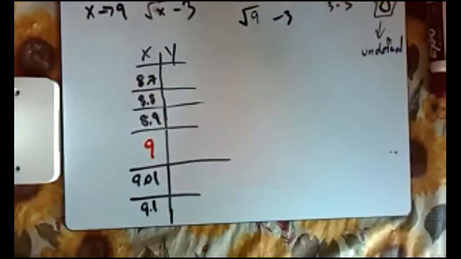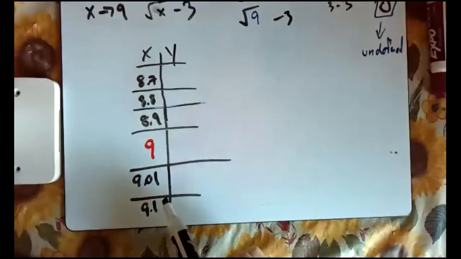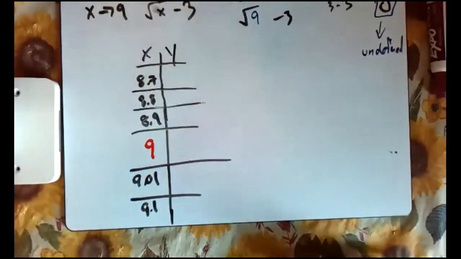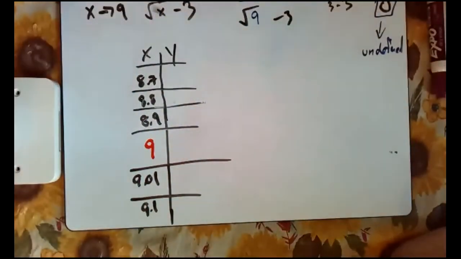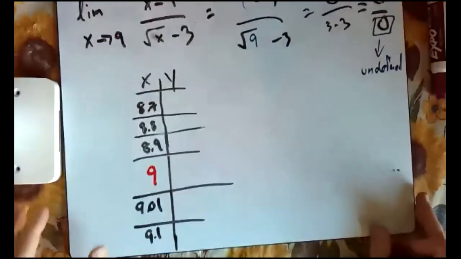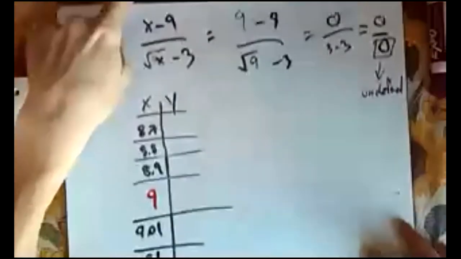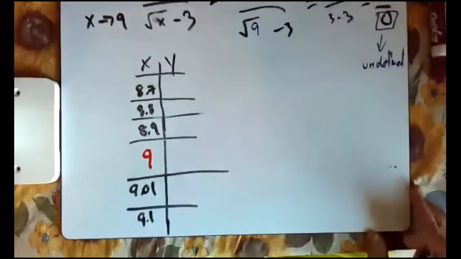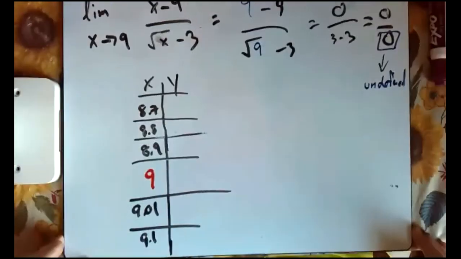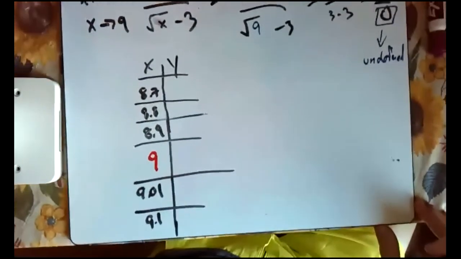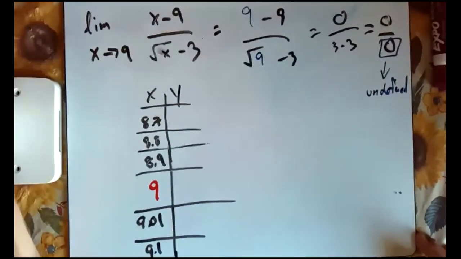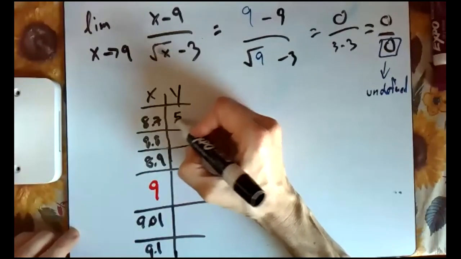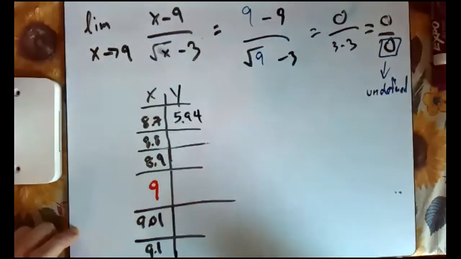All right, so what are we basically doing? We're plugging these x values into this function, right? Wherever we see x, you would plug in 8.7 right here, and then 8.7 in right here. I'm just going to give you the y values. So when x is 8.7, y is 5.94.